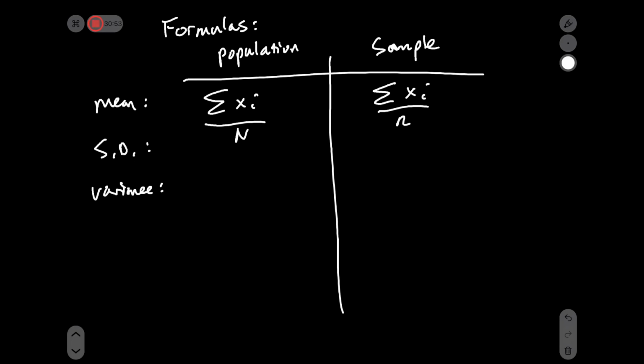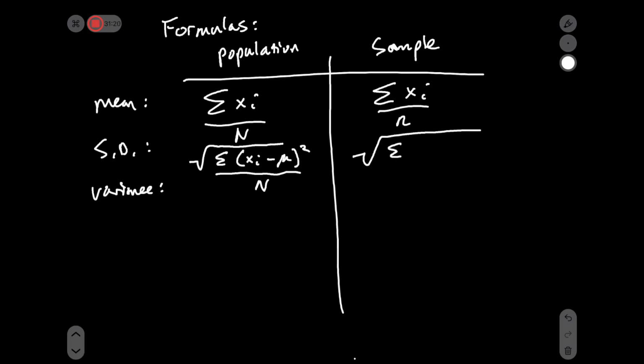So let's do standard deviation. It's going to be the square root of the sum of each value minus the mean squared divided by our population size. And for a sample, it's more or less the same, just some different notation. Each observation minus the sample mean squared divided by n minus 1, this is lowercase n.